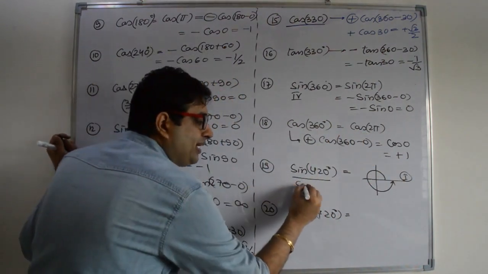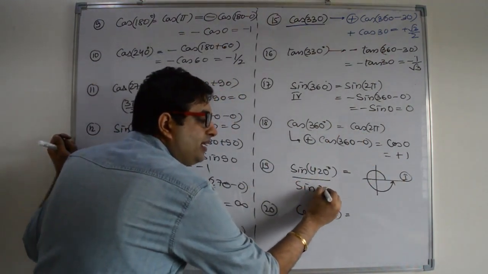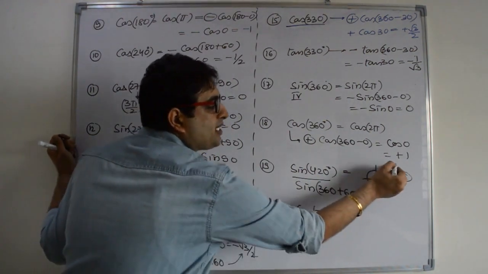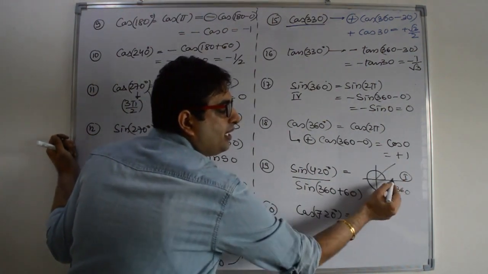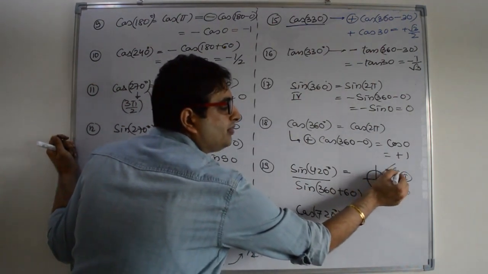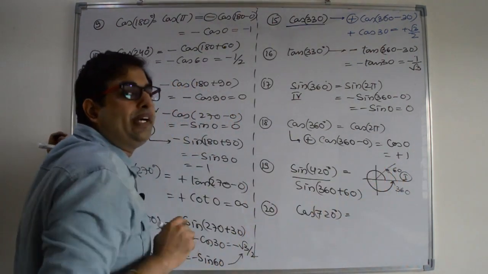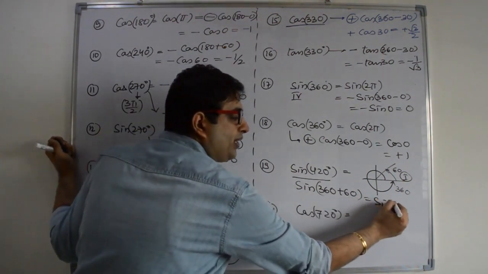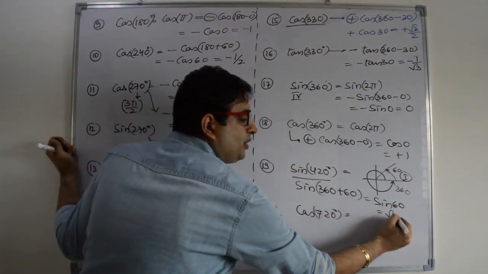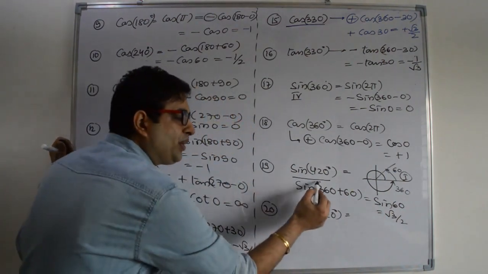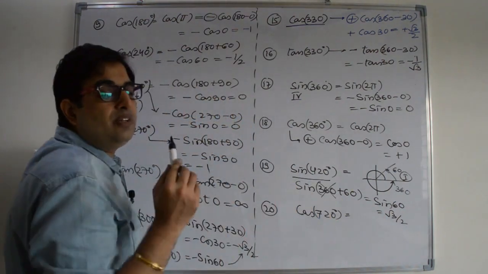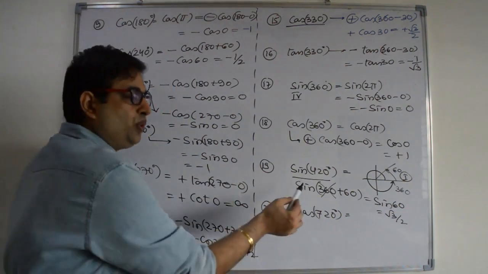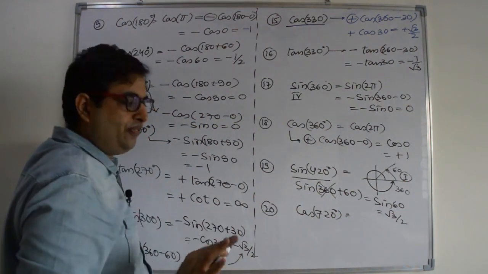So you can write it in this way: sine of 360 plus 60, that is 360, add 60. So we are in the first quadrant again. In the first quadrant all are positive, so directly you can write it as sine 60, root 3 by 2. Directly you can remove one cycle. After one cycle again we will reach the first quadrant. So you can directly remove 360. There will be no difference.